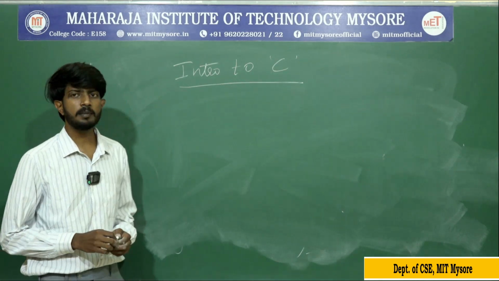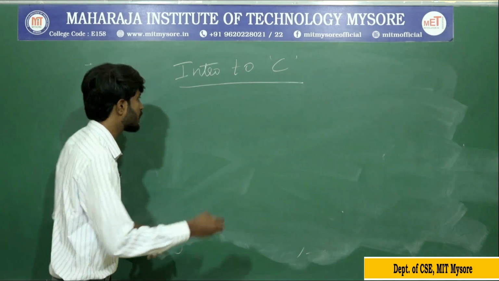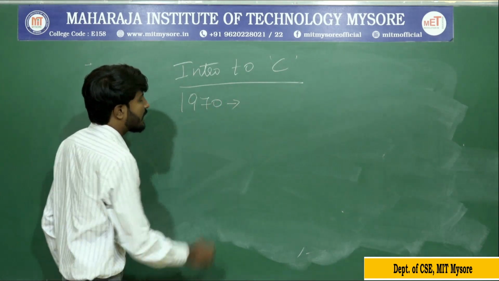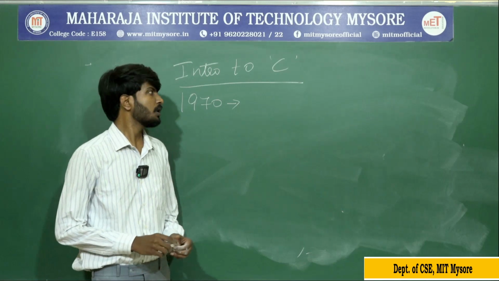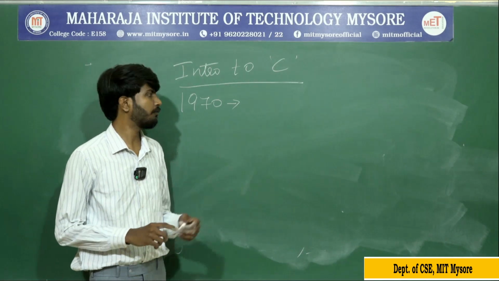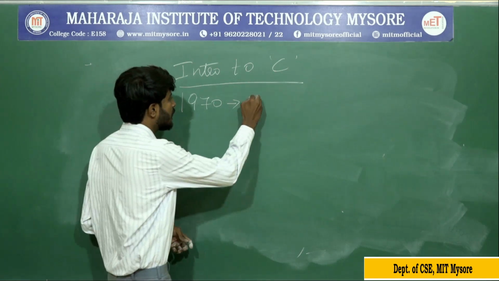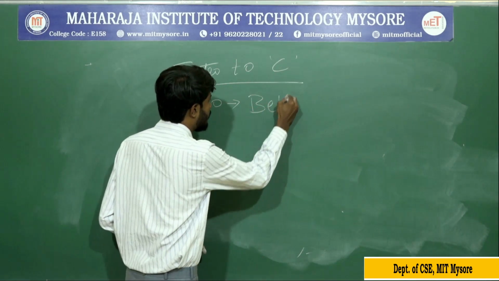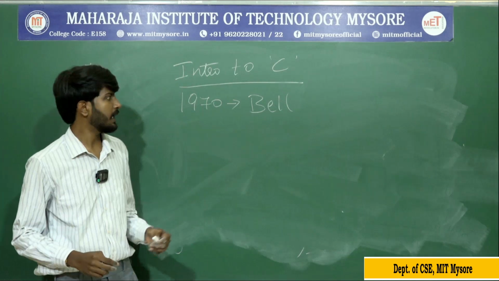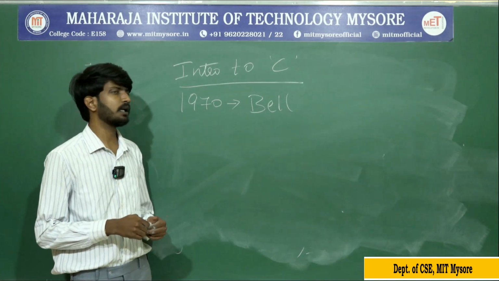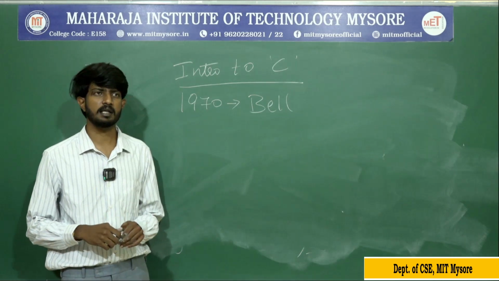C programming was developed in the year 1970 by Dennis Ritchie. He is the founder, or the developer, of C programming at Bell Laboratory. So Dennis Ritchie is the developer of C programming and it was developed in the year 1970.